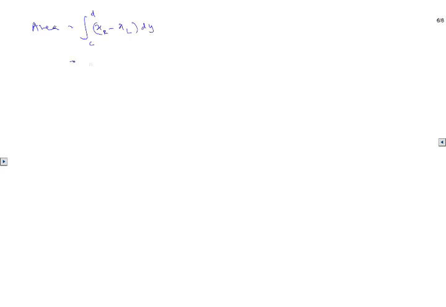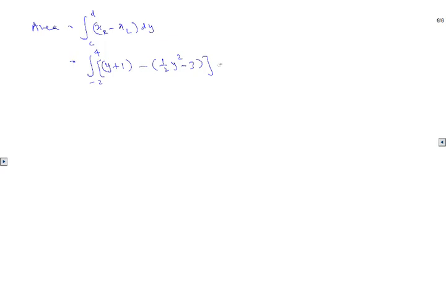So if you plug it in, we have -2 to 4. What is on the right is y plus 1, and what is on the left is 1/2 y squared minus 3.